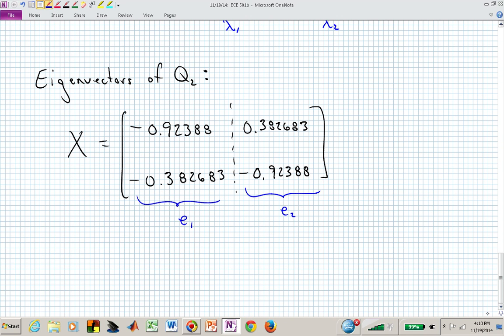And in fact, these vectors form an orthonormal basis for our vector space. And what's a basis require? Just to remind ourselves, they're linearly independent, which it looks like they are.